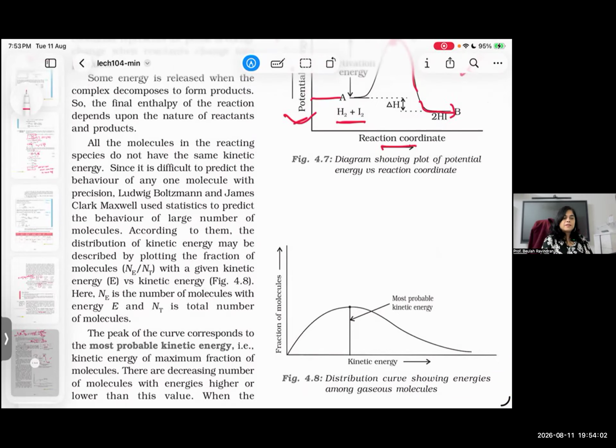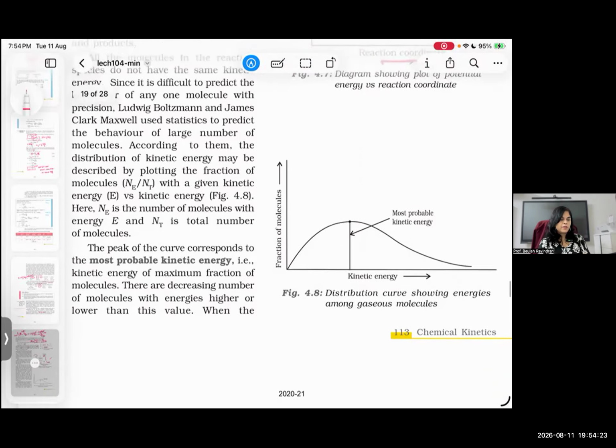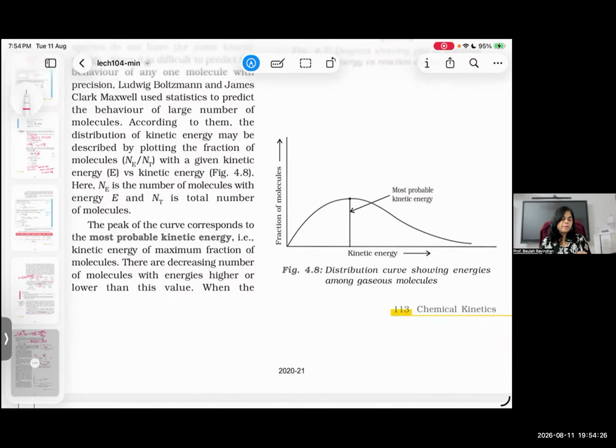It is difficult to predict the behavior of any one molecule with precision, so Boltzmann and James Clerk Maxwell used statistics, not any experiment, to predict the behavior of a large number of molecules. According to them, the distribution of kinetic energy may be described by plotting the fraction of molecules N_E by N_T with a given kinetic energy E versus kinetic energy.